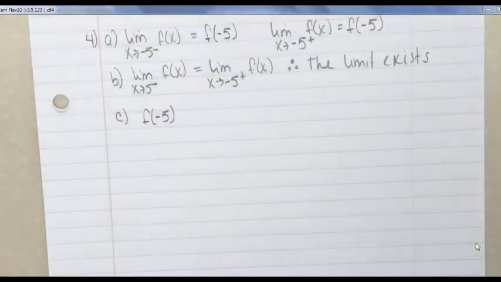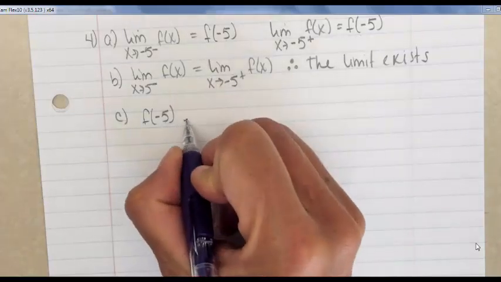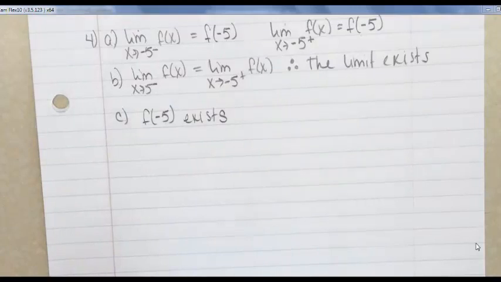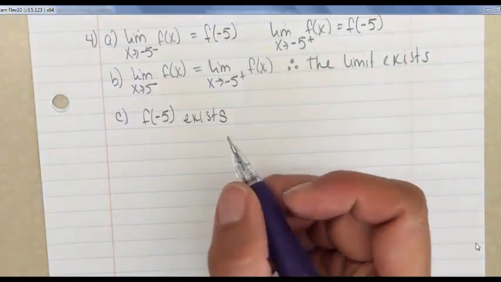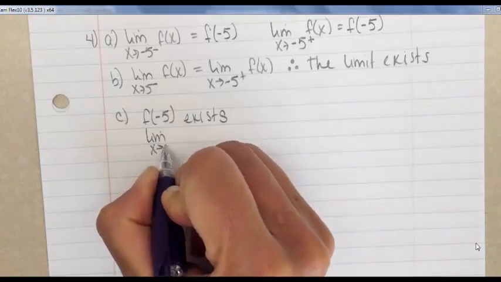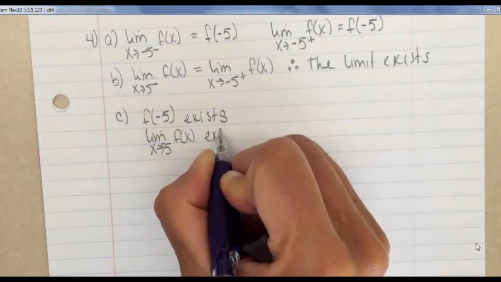So f of negative 5 does in fact exist. The limit also exists. So the limit as x approaches negative 5 of f of x exists.